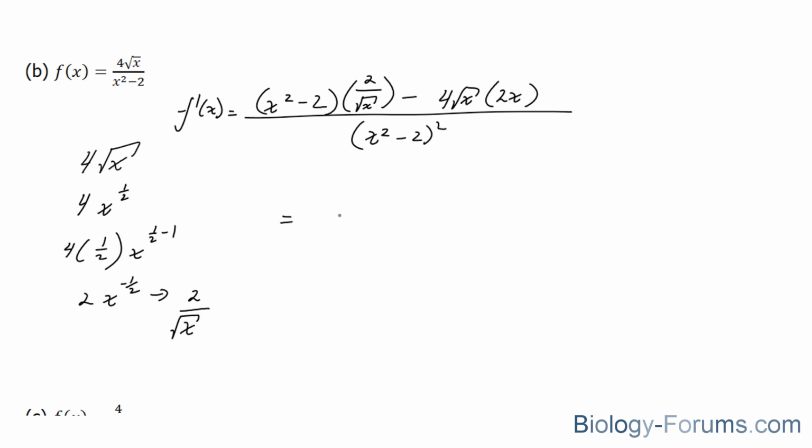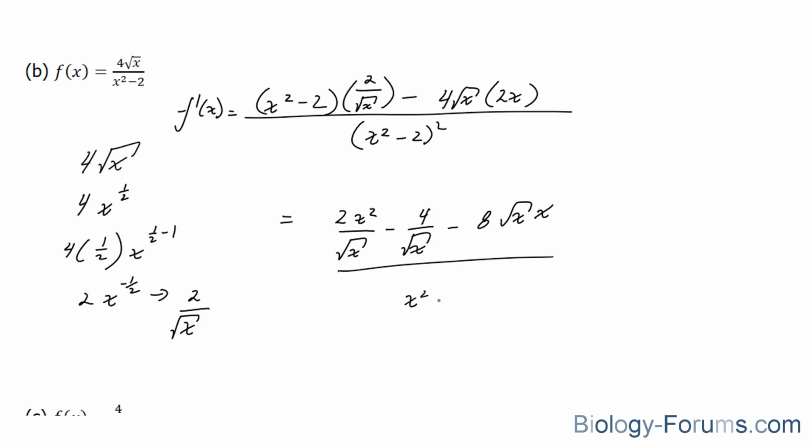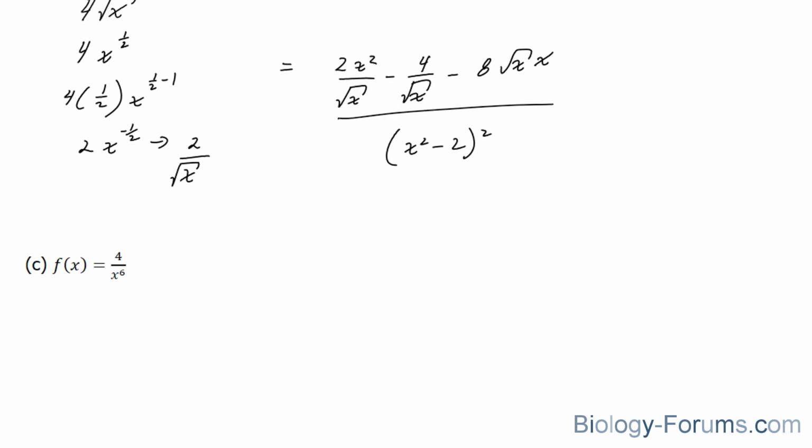This multiplied to that is equal to 2 times x squared over the square root of x. This multiplied to that is equal to negative 4 square root of x minus 8 square root of x times x. Now, of course, you could simplify this even further, but then we would be spending a whole lot of time doing simplification. So this will do for now. Let's move on to question C.